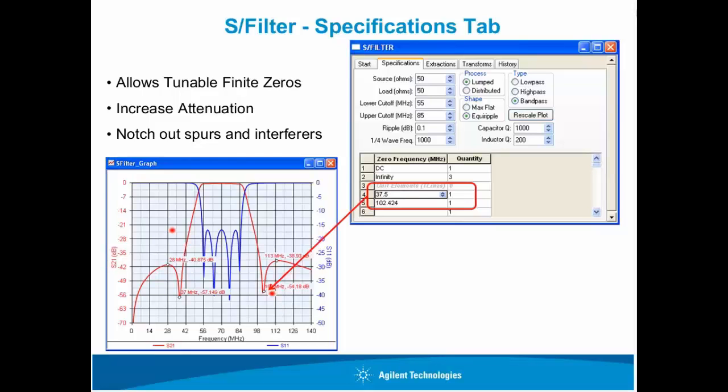So we have a little bit more roll-off above and below the pass band, but we've retained our symmetric shape for our filter. And I can tune these with the arrow buttons or with the keyboard or mouse wheel. You can tune these zeros up and down to achieve the exact response that you're looking for.